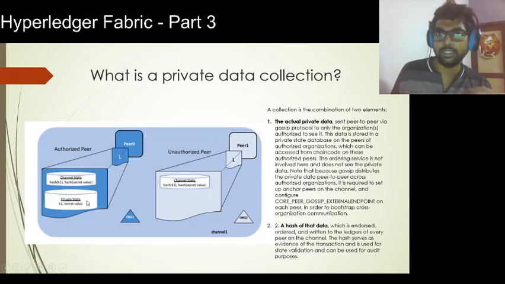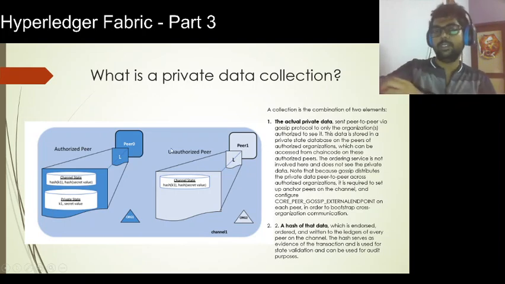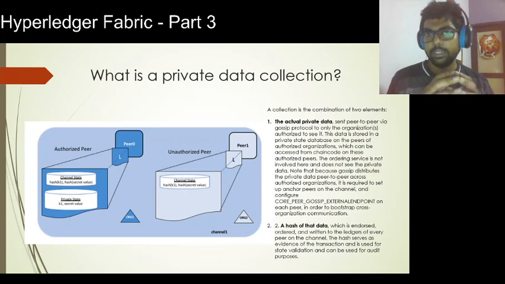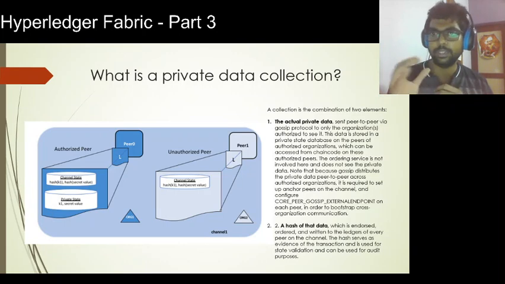We are discussing here a new concept: how to privately send data and do a transaction from one peer to another peer. This is also a concept from Hyperledger Fabric. So you need to understand that from one peer to another peer, we can send the data privately using a peer-to-peer gossip protocol.